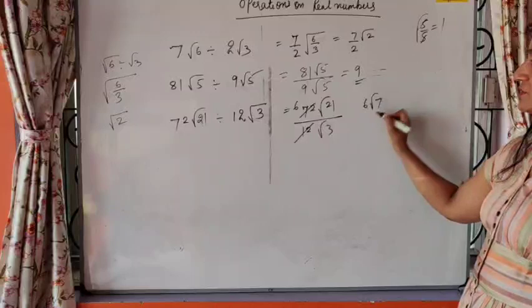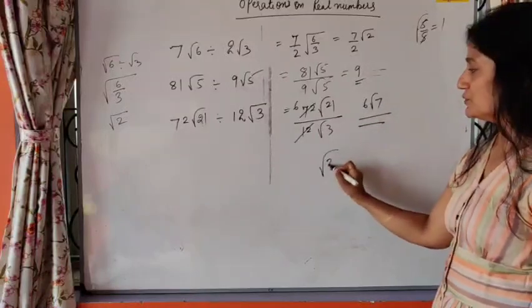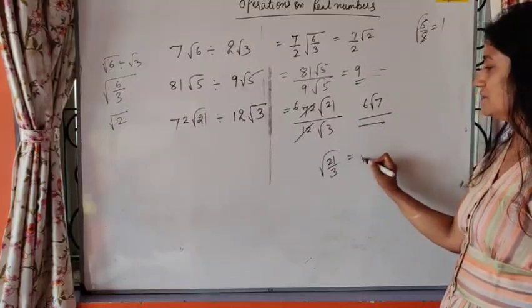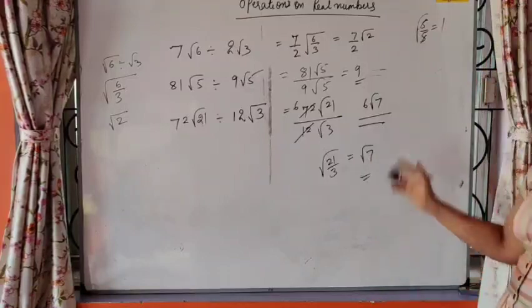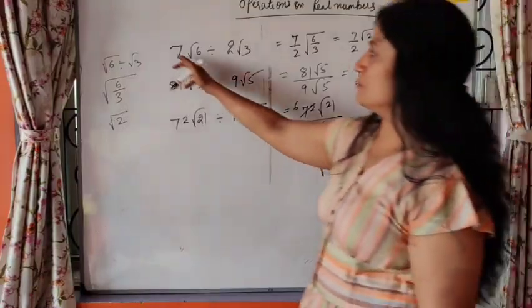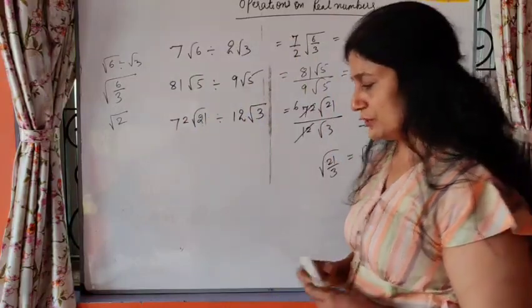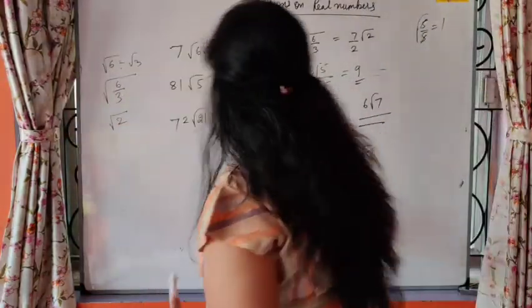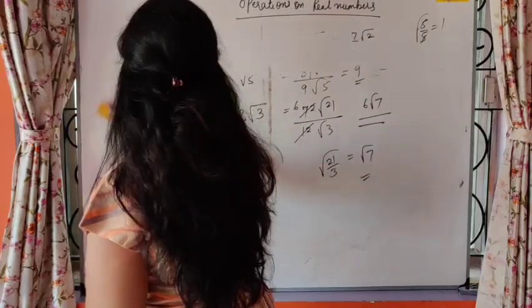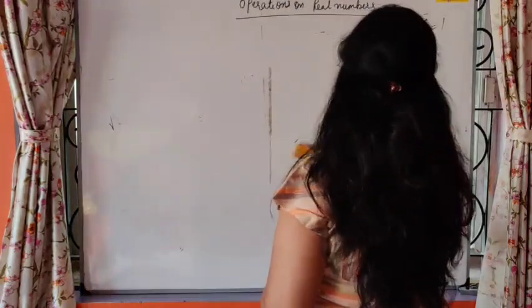This becomes 6 root 7 because root 21 by 3 gives you root 7. Have you understood? Even if there is a negative sign, you can put the negative sign as we used to do earlier.